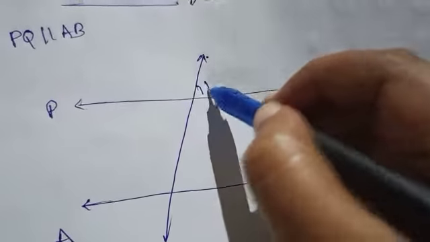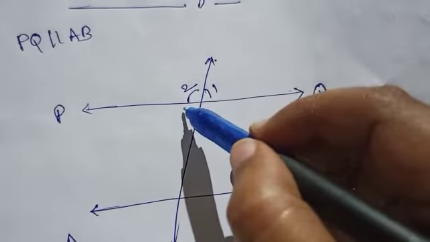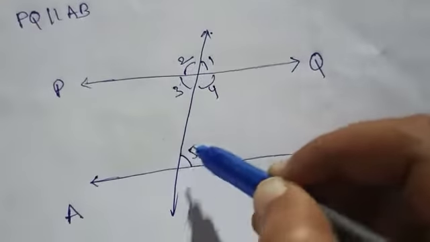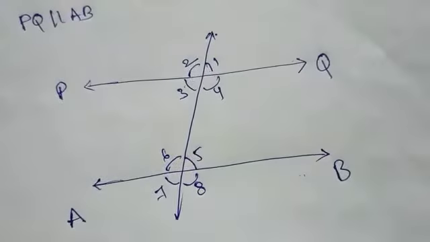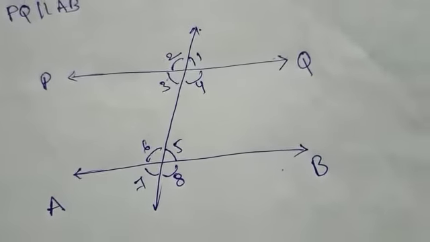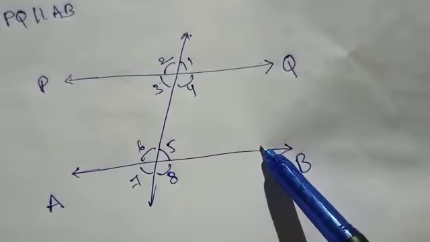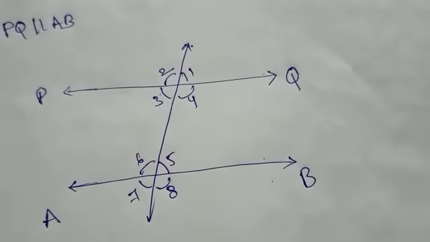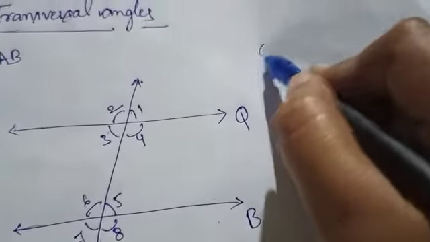Here angle is 1. Suppose this is 2, 3, 4, 5, 6, 7, 8. When one transversal line cuts two parallel lines, then corresponding angles are equal. Corresponding angles: angle 1 equal to angle 5.